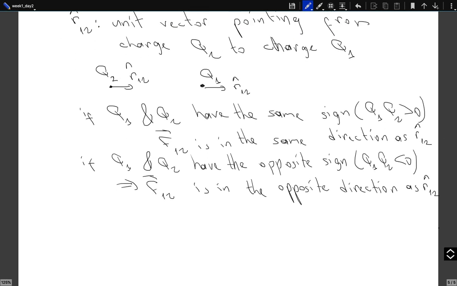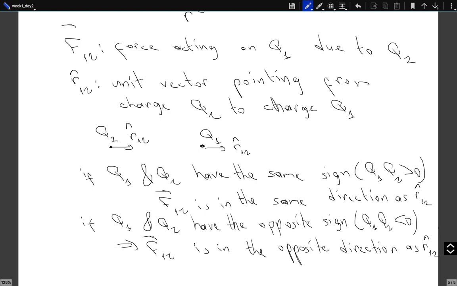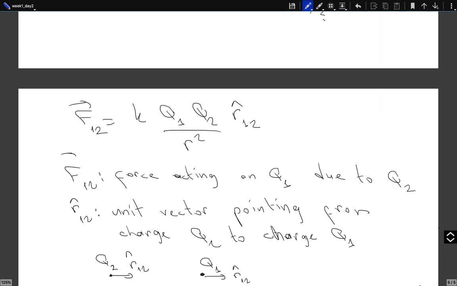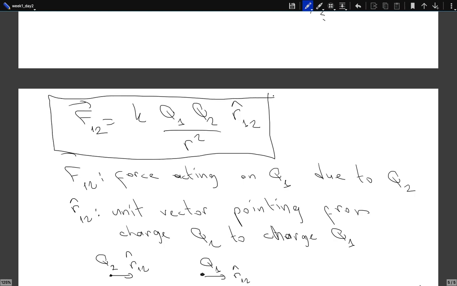And that opposite direction, if they have different signs, the opposite direction to R12 is pointing from Q1 towards Q2. So if you write the force in this vectorial form, you don't need to worry whether the charges have the same sign or not.